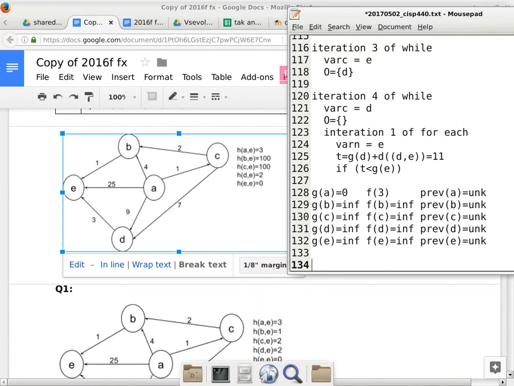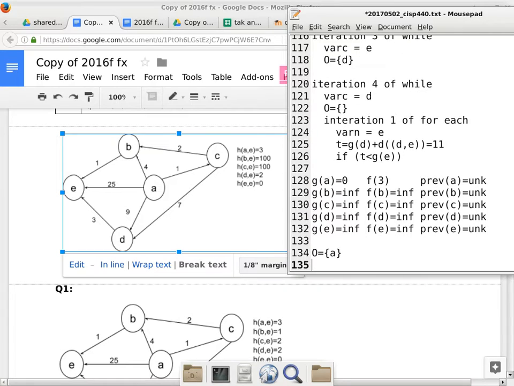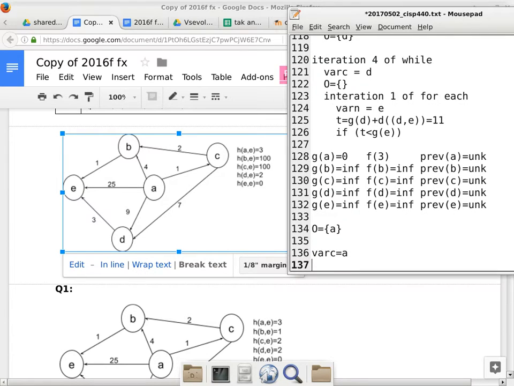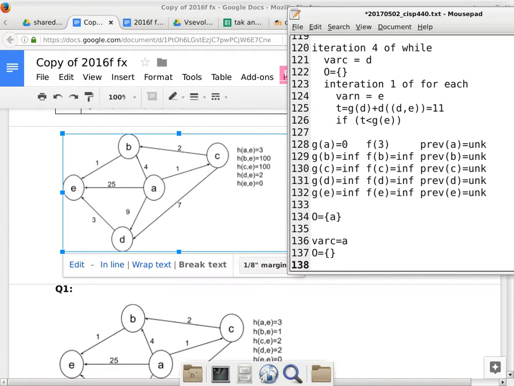Okay, so that's how we initialized everything. In the first iteration of the loop, we don't really have a choice of which vertex to explore. It has got to be A. So var C is going to be A, which means O will now become an empty set. Then we get into the for each. We look at all the neighbors of A, right?